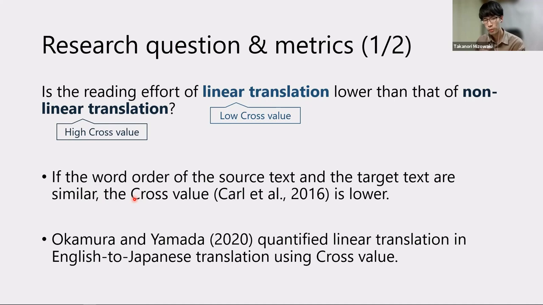Conversely, the more the word order of the source text and the target text differ, the higher the cross value. So we employ this idea. We defined linear translation, which has similar word order as the source text, as a translation with low cross value, while non-linear translation as a translation with high cross value. In previous research, Okamura and Yamada have quantified linear translation in English to Japanese translation using the idea of cross value.